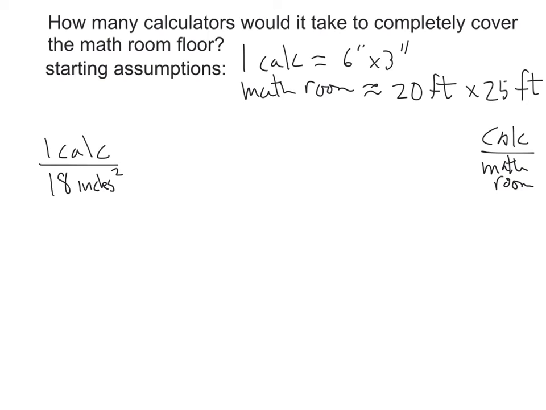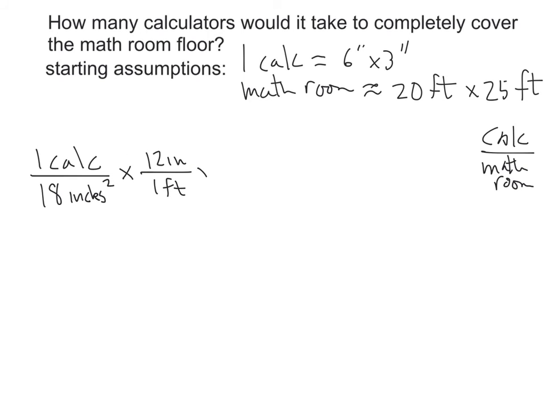So one calculator per 18 square inches, and then in order to convert properly, what you're going to find is 12 inches per 1 foot times 12 inches per 1 foot again.